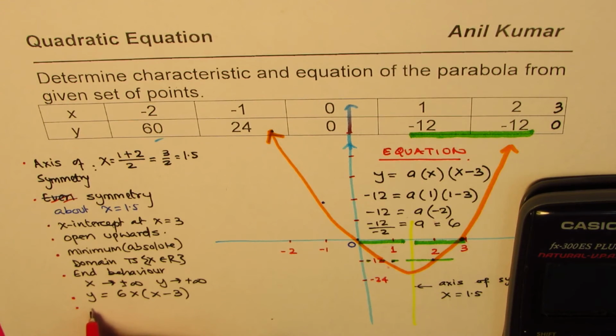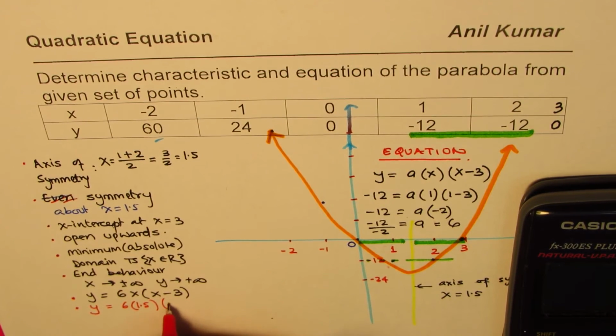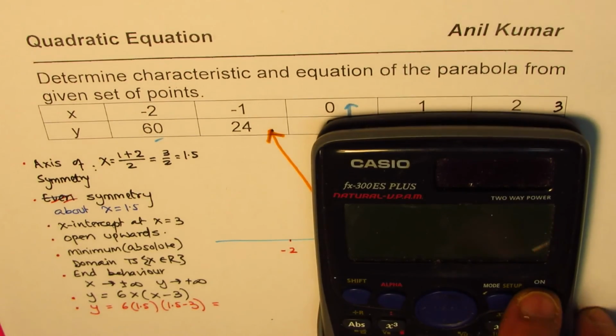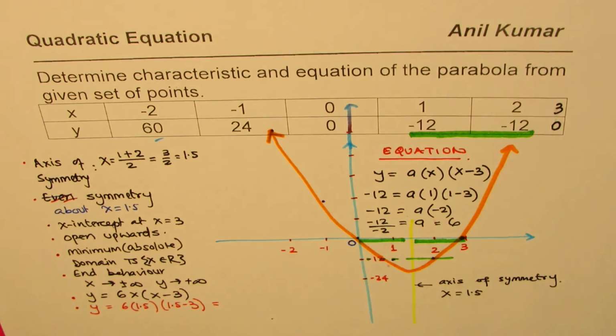So the vertex is y equals 6 times 1.5, which is the axis of symmetry, times 1.5 minus 3, and that is equal to, let's calculate, 6 times 1.5 times 1.5, and of course a negative value, so we'll just write this as negative 13.5.